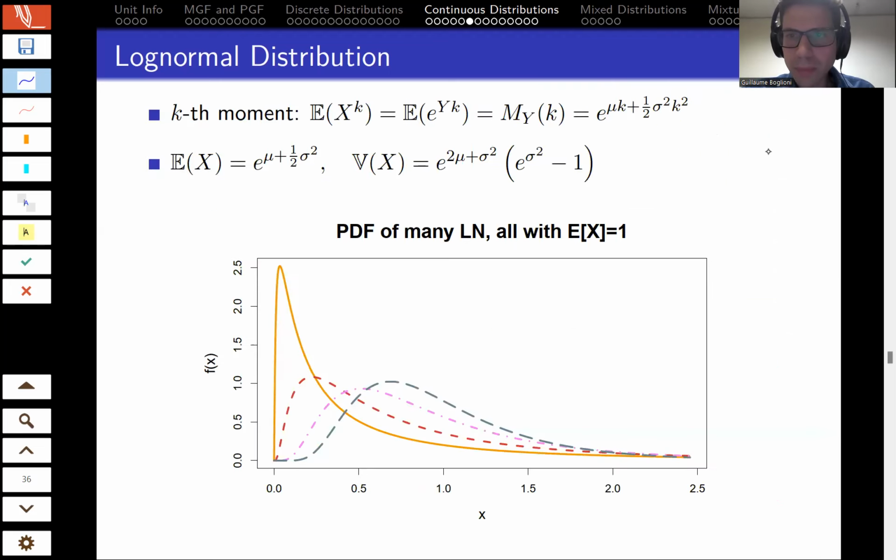Now, just the moments. A comment that there's a clever way to find all the moments of the log normal using this trick.